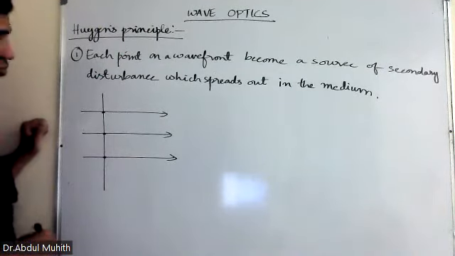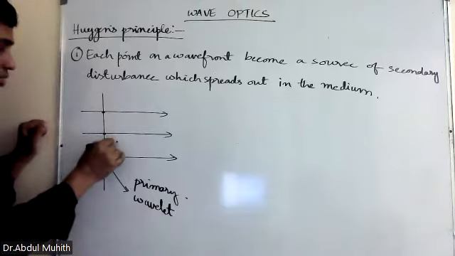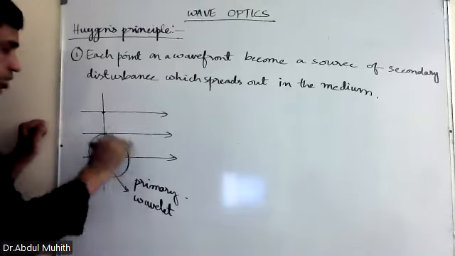I am considering this as a wavelet, also known as primary wavelet. Source of secondary disturbance means what? Like, draw a sphere.